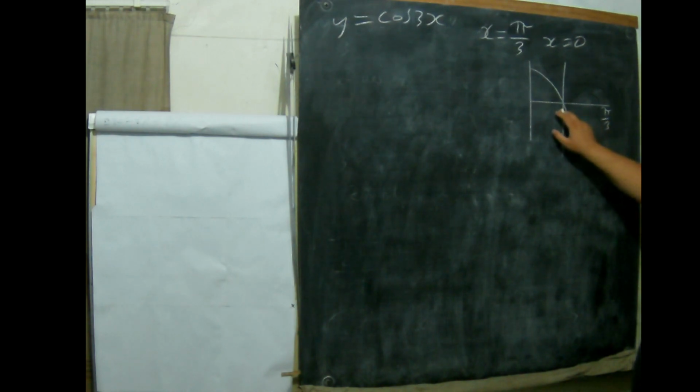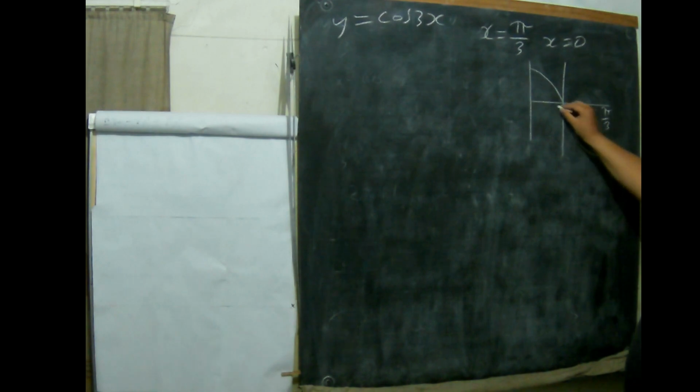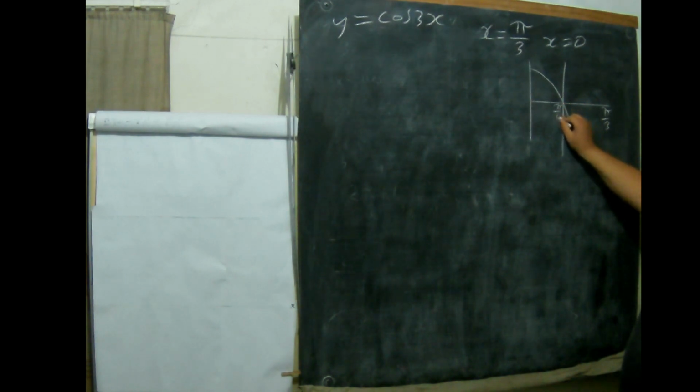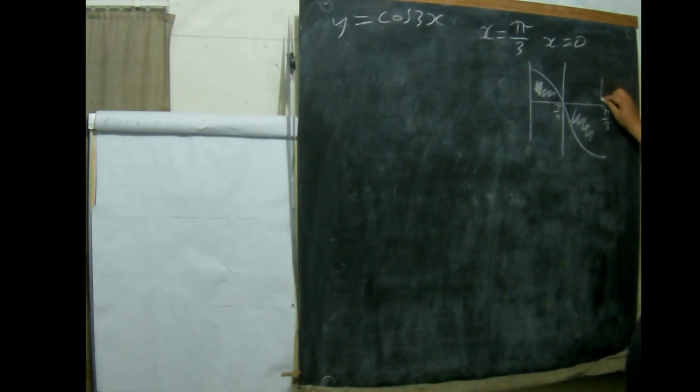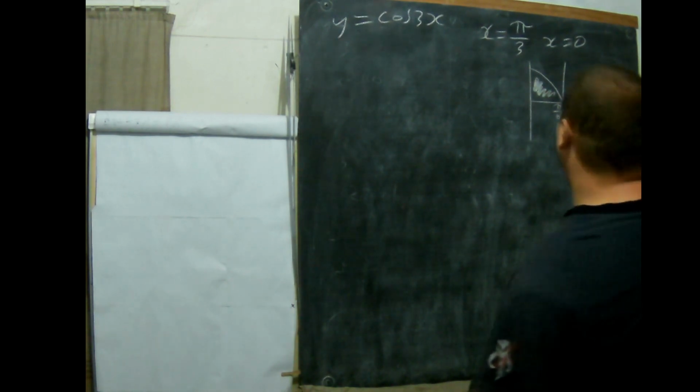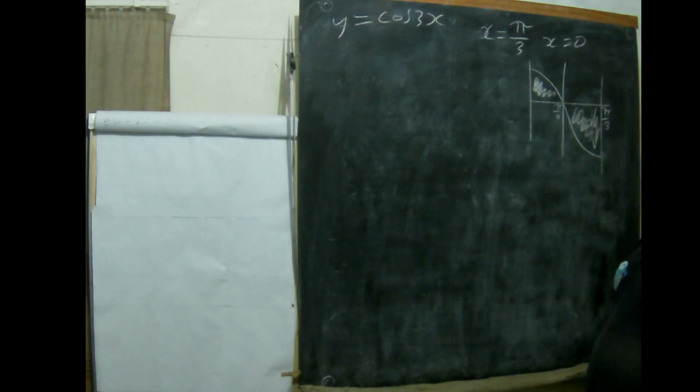We cut it in half and we get 30 degrees, so that is pi over 6. If you put another line here, this area is equal to that area. So what we've done now is halved it, because now we're going to use symmetry.